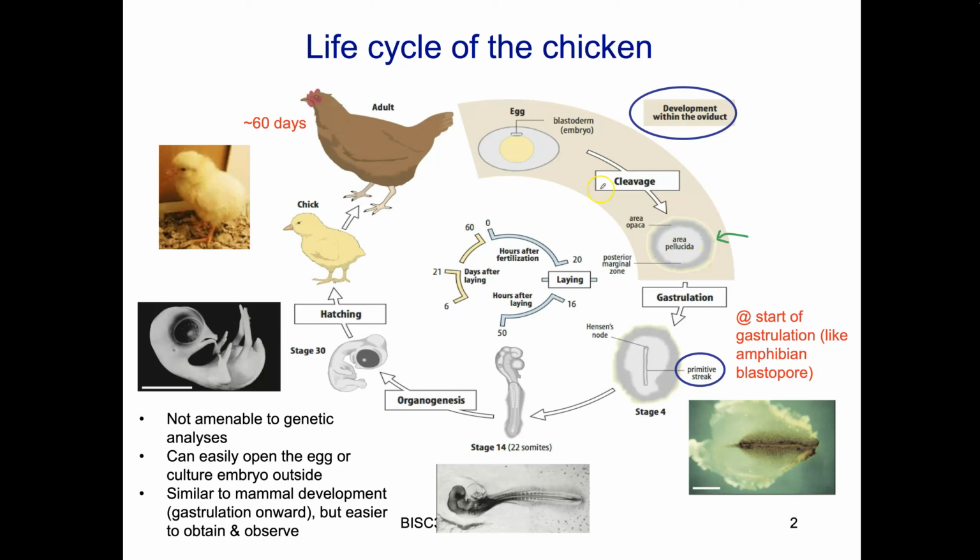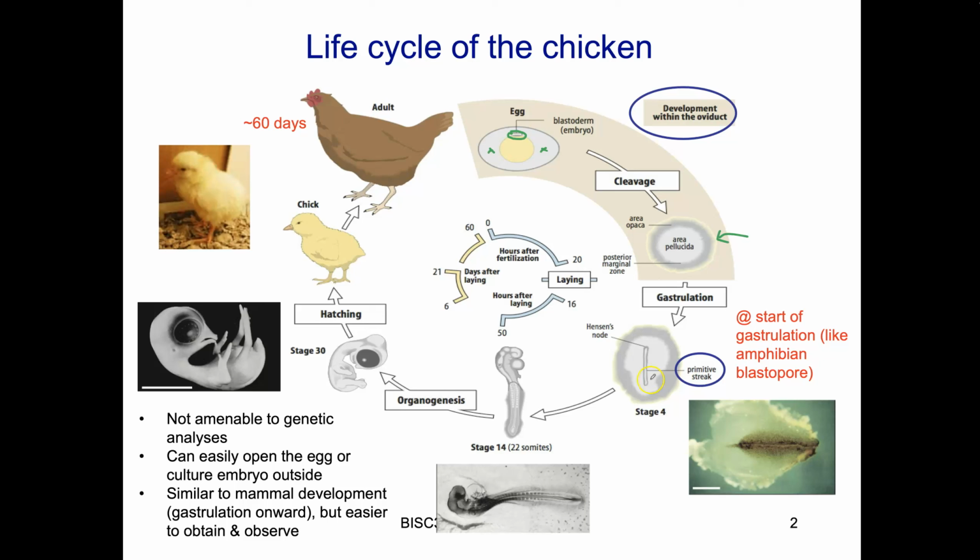So, the first 20 hours or so, the egg is actually rotating around as it's making its way through the oviduct, and that has something to do with anterior-posterior specification, which we will talk about in a later chapter. And then all the divisions are happening, and they're happening in this very small region atop this massive, huge amount of yolk, and then the egg white that's sort of around here as well.